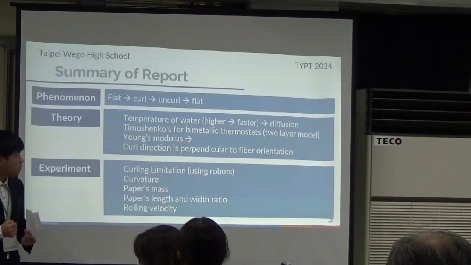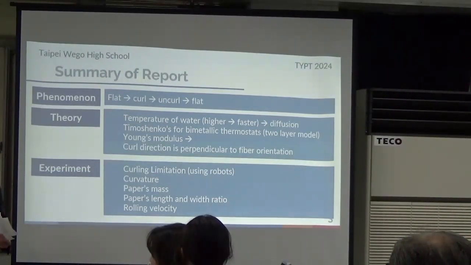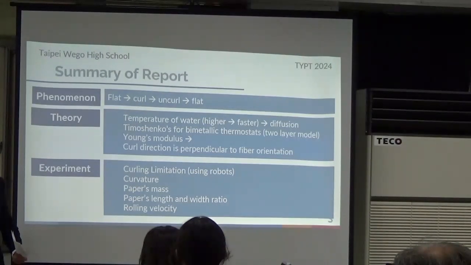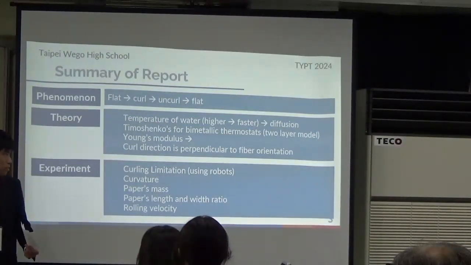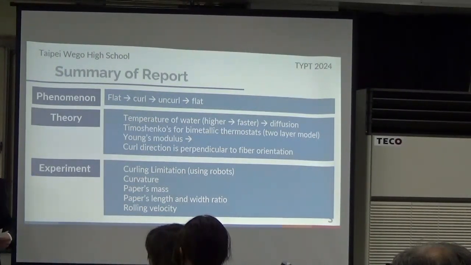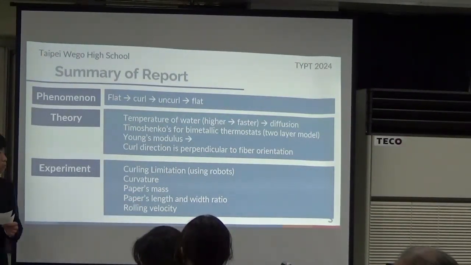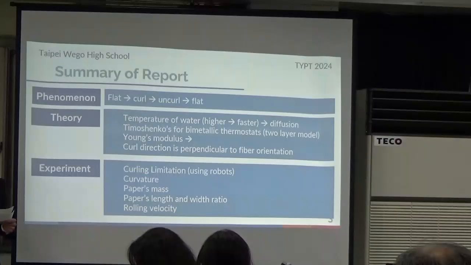The second one is the simulation, which calls for bimetallic thermostatics, because of the two-layer model and also the Young's modulus. And the last one is that the curl direction is perpendicular to the fiber orientation.